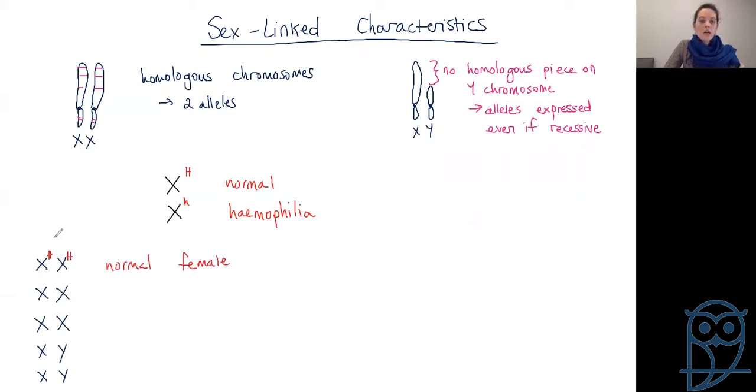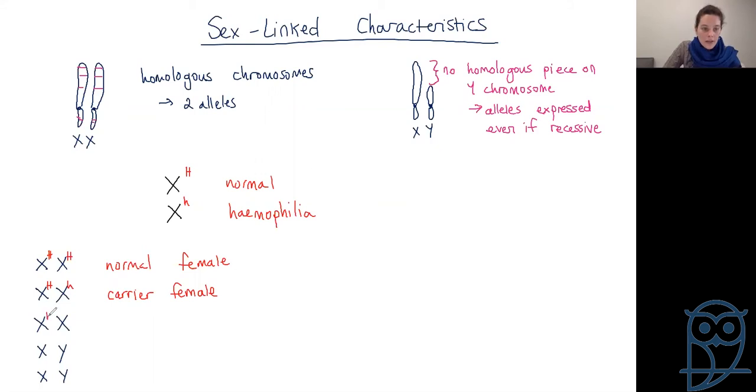So she is homozygous normal. We could have H, little h. So here we are heterozygous. And the thing is that this woman is not going to have hemophilia because she's got that normal allele. So we have a normal dominant recessive relationship going on here. Capital letter, lowercase letter. So here we would call her actually a carrier female because she's carrying this allele even though she's not expressing it.